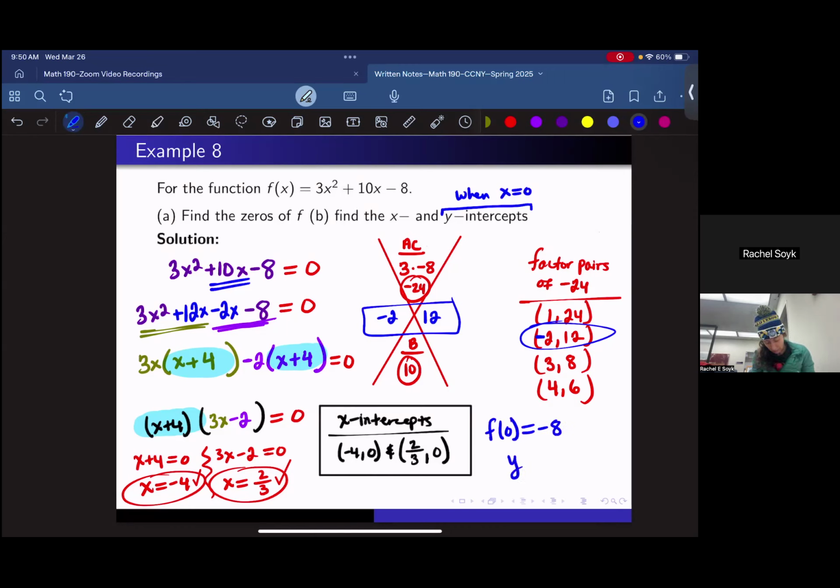And so in coordinate form, our y-intercept is just 0, negative 8. And we're done. This is really the preliminary to understanding how to properly graph quadratic functions.